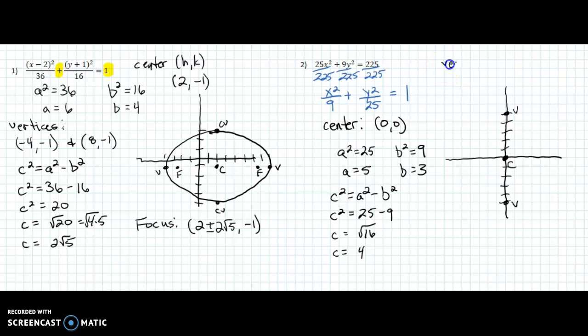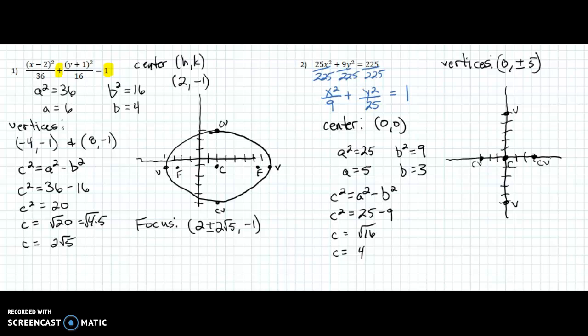The vertices are 0, and then you could write 0 plus or minus 5, or you could list them out separately, but we'll keep it that way to be efficient. And then my covertices, 1, 2, 3, I count over the distance of b. And these are covertices. This is the minor axis in between these two covertices. And we're not going to worry about listing those.